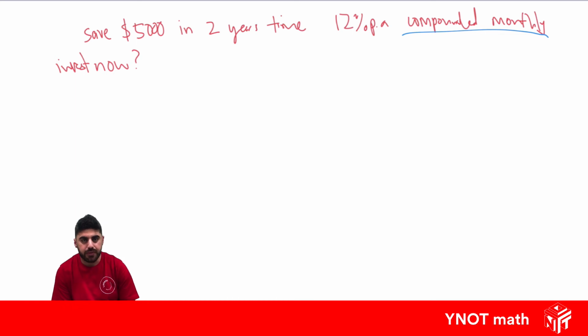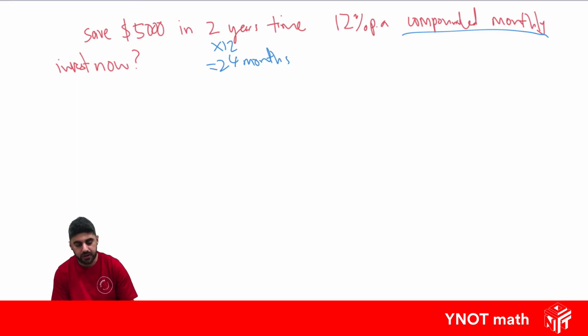to be in terms of months. Okay, so we're talking about 2 years and 12% per annum, which means 12% per year, but everything needs to be in months. So to convert our years to months, we need to do a few things. So 2 years, well, we can times that by 12 to convert it to months, which is going to give us 24 months.